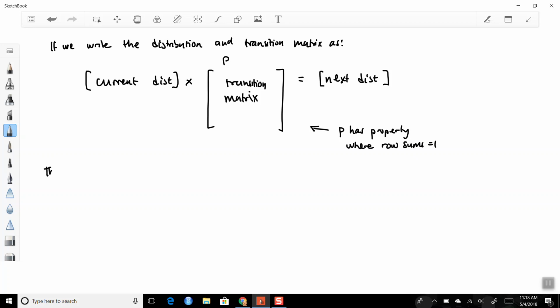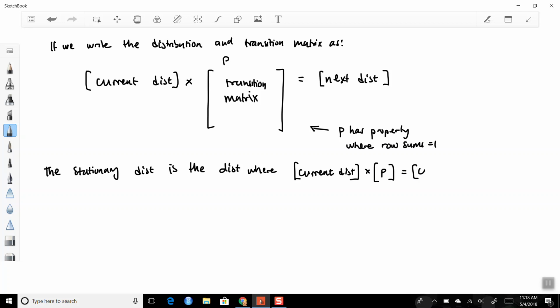And the stationary distribution is the distribution where the current distribution times the matrix P is equal back to our current distribution. Which means the stationary distribution, I should say, is not current, but where the stationary distribution times the transition matrix is equal to the stationary distribution.